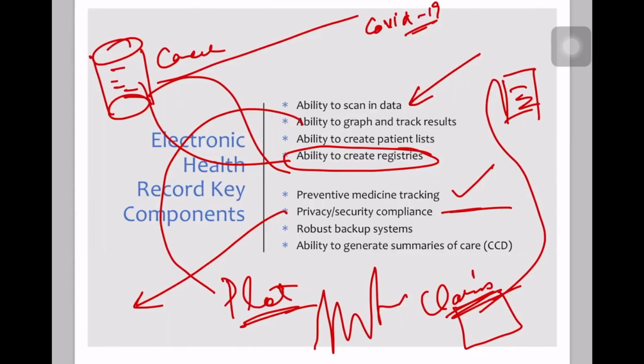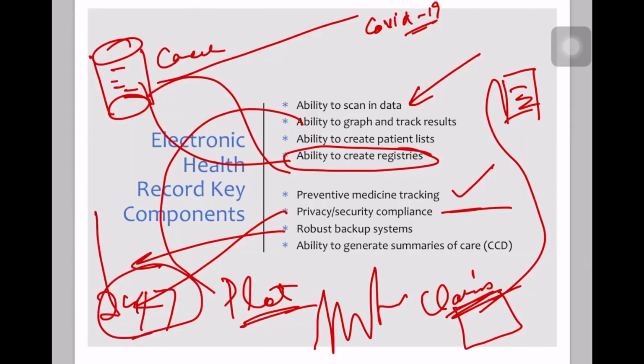Then a robust backup system, which can take automatic backups 24/7. You can store the backup in a place, mainly a facility for the hospital people who are managing and operating the EHR system. And then the ability to generate a summary of care. Summary of care means how you are progressing with your treatment, like you are taking a certain medicine dose.